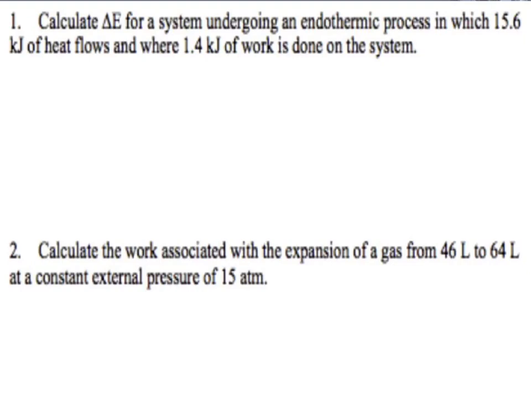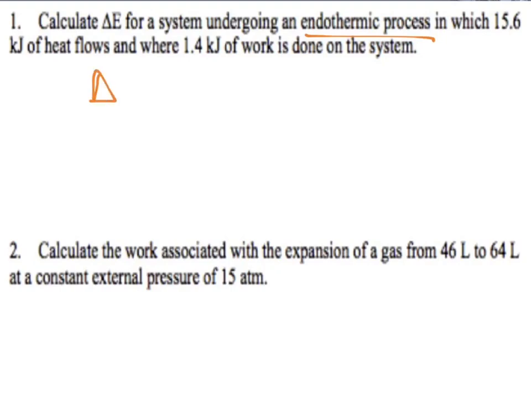All right, calculate delta E for a system undergoing an endothermic process in which 15.6 kilojoules of heat flows and where 1.4 kilojoules of work is done on the system.